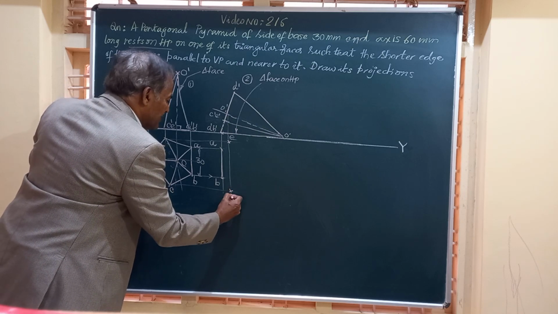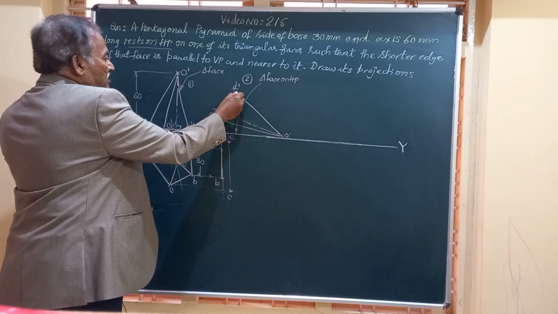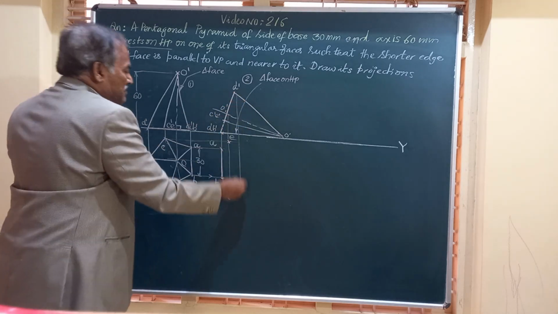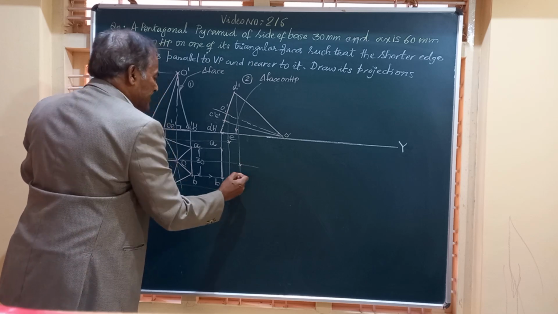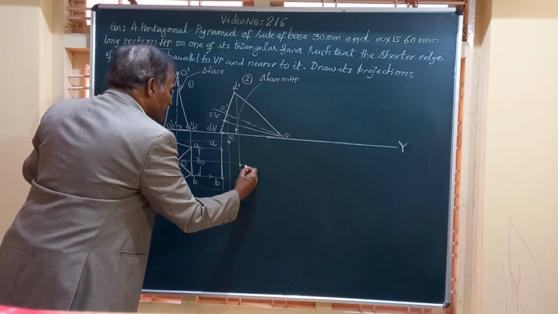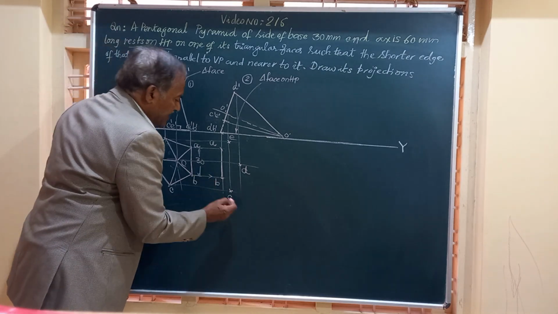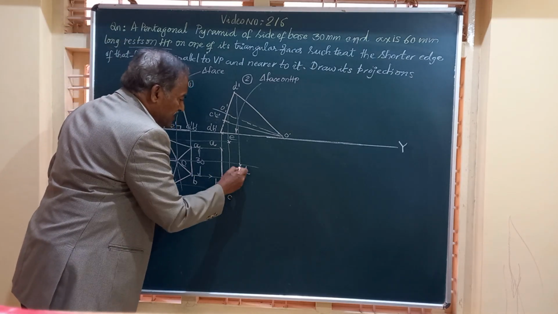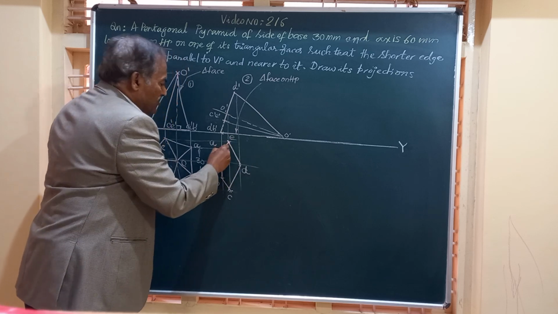This is point C. So I got A, B, C, E, D. Draw a vertical line from D dash, a horizontal line from here. They meet at a point called D. Friends, you have got all the 5 corners. Let us join them. Join A to B, B to C, C to D, D to E, E to A.